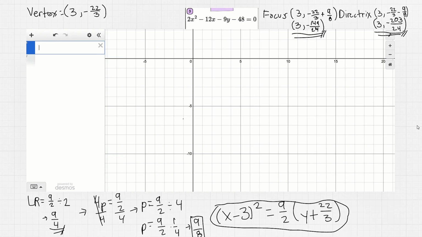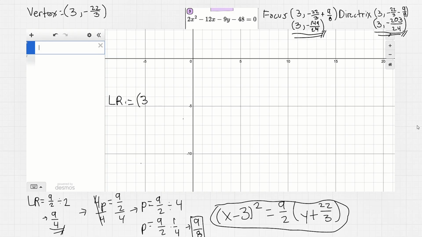We can find our latus rectum endpoints next. How are we going to find them? So now let's get our LR1. Let's start at our focus. For LR1, we already know that our parabola opens upward by looking at our standard form. So we're going to start at the focus. It will have an x change.